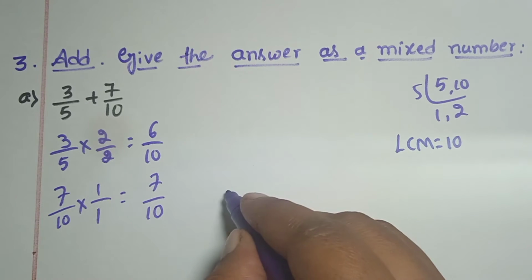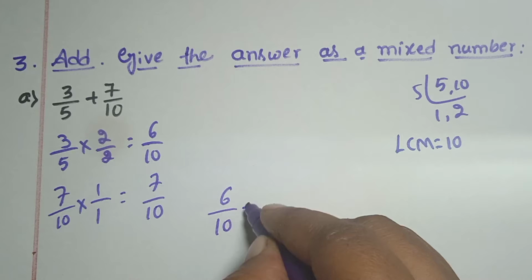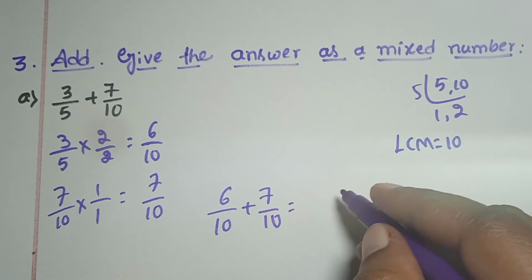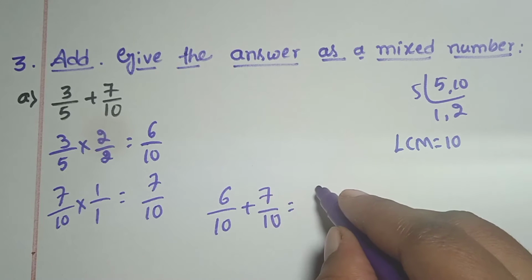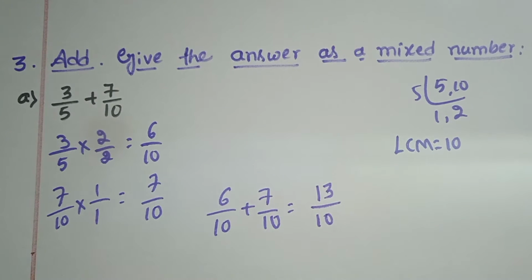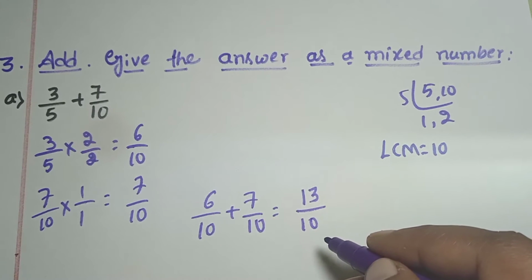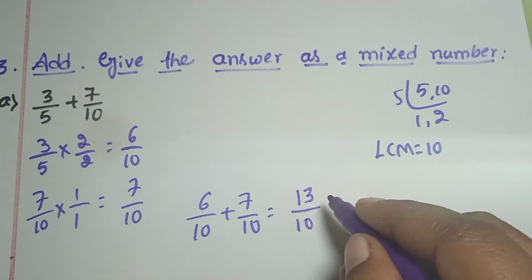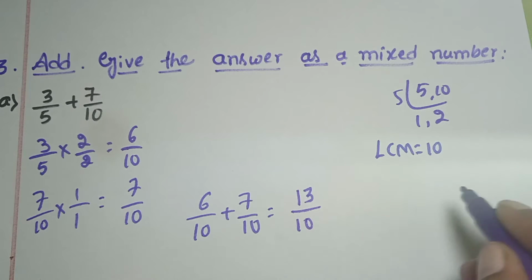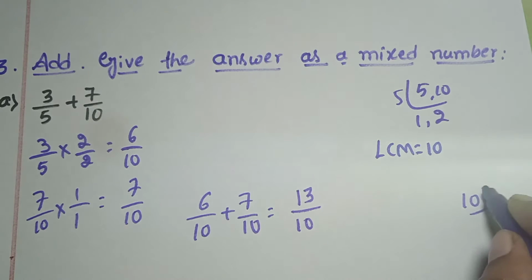Then add these fractions, 6 by 10 plus 7 by 10, that is equal to 6 plus 7, how much, children? 13 by 10. Then how to convert this one to the mixed number? We have discussed already how to convert this improper fraction to mixed number. We should divide this number. 10 ones are 10.